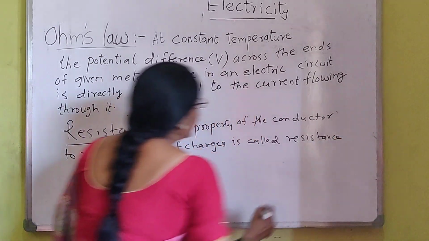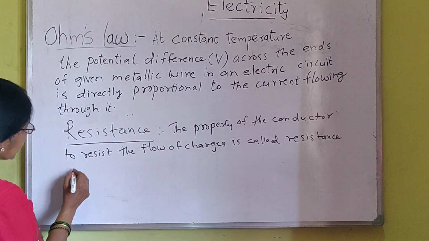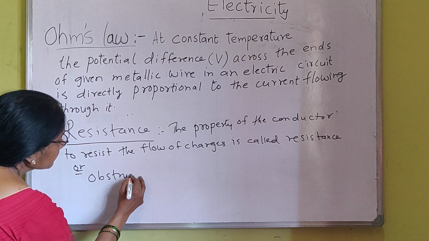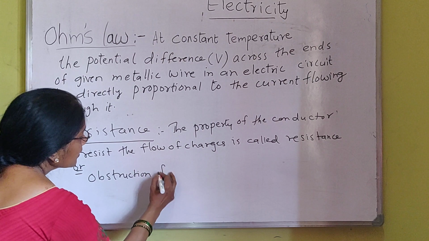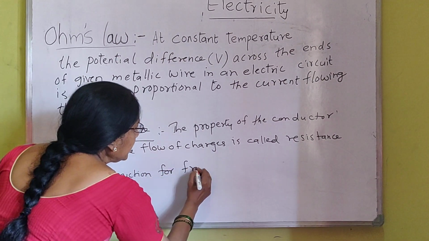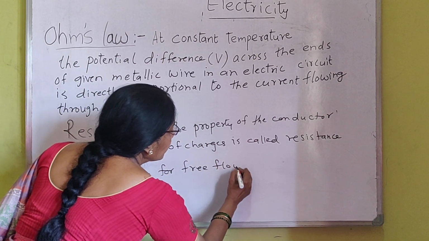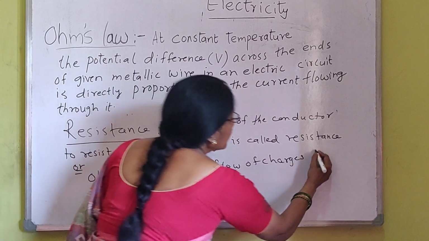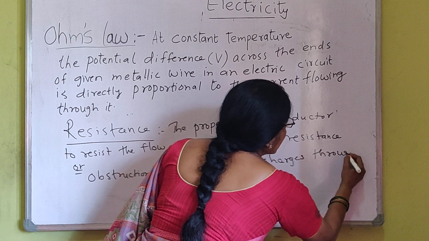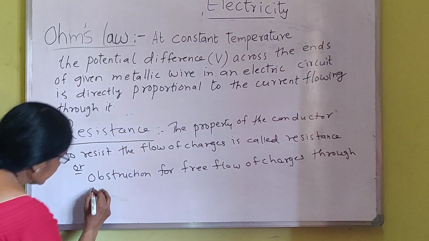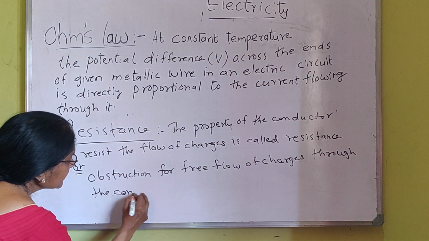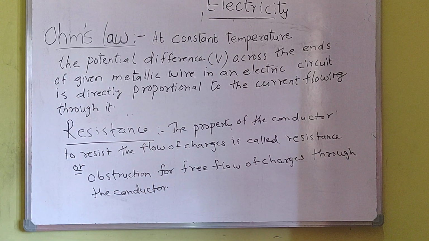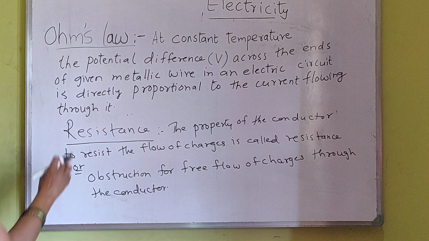In other words, we can also say that obstruction for free flow of charges through the conductor is called resistance.